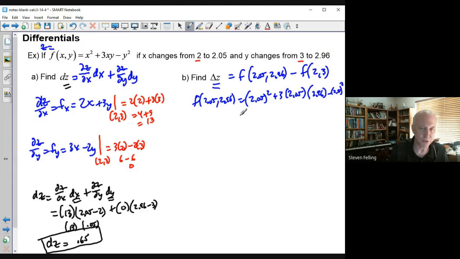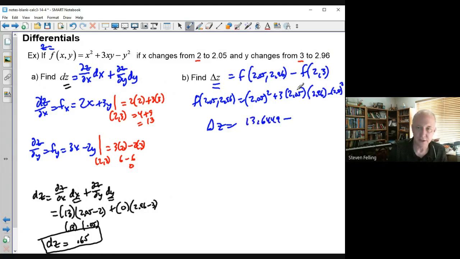So you can compute that, and what you get for delta z turns out to be, oh, don't I have it figured out? Let's do it. 2.05 squared, I thought I had this in my prepared notes, plus 3 times 2.05 times 2.96 minus 2.96 squared turns out to be 13.6449.